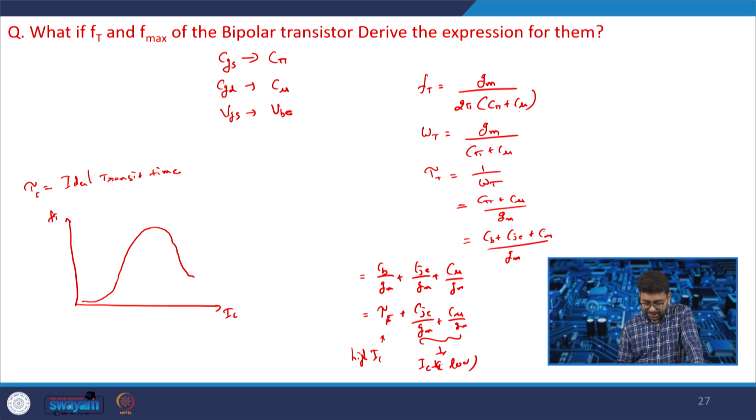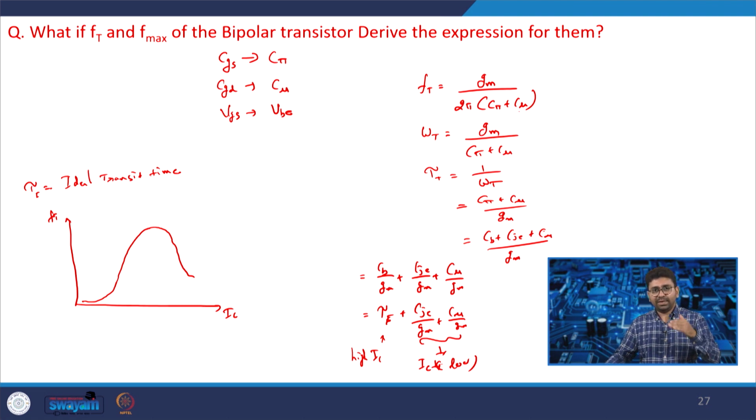Now, this Ft is decreasing, that means your tau f is increasing, and that is happening because of the base widening effect and Kirk effect in the BJT.